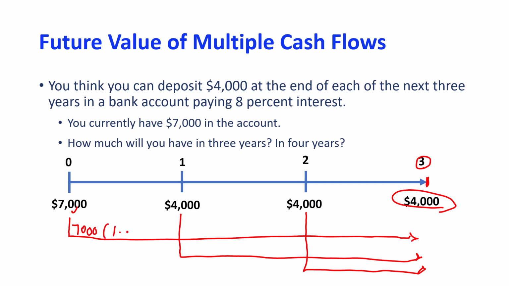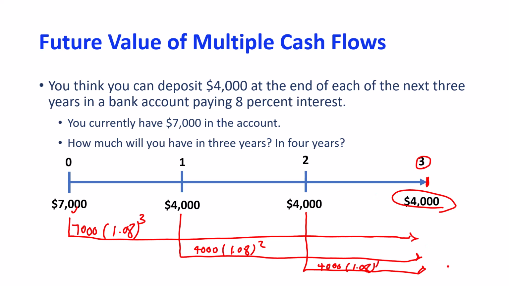So for this one, you will have 7,000, 8%. So 7,000 times 1.08 raised to the power of 3. For the next one, you will have 4,000 times 1.08 to the power of 2. And then for the next one, you will have 4,000 times 1.08 raised to the power of 1, because this one only earns interest for 1 year.